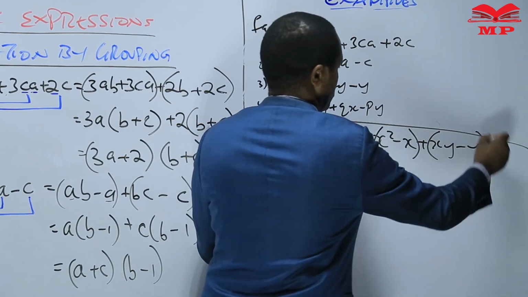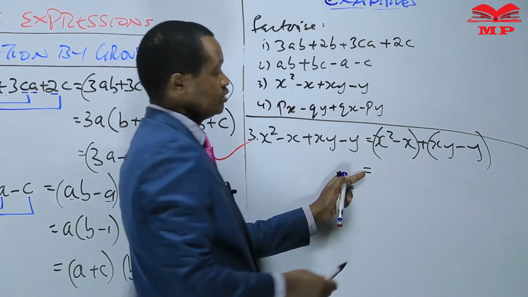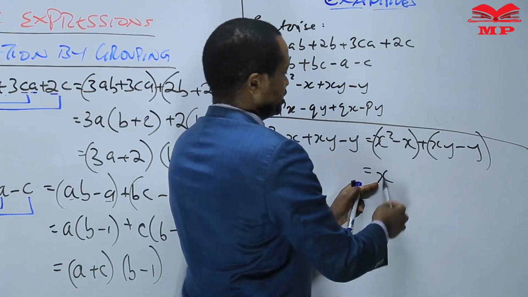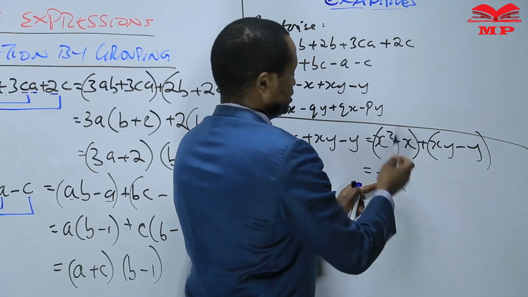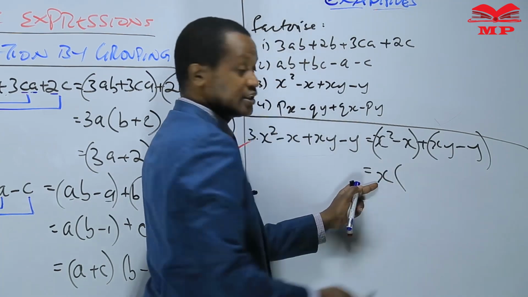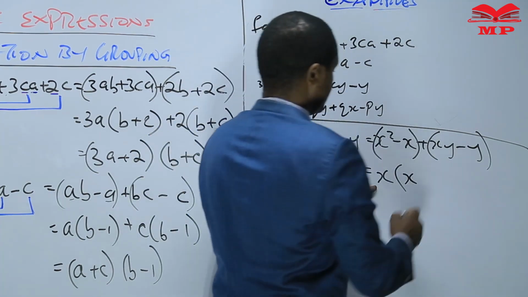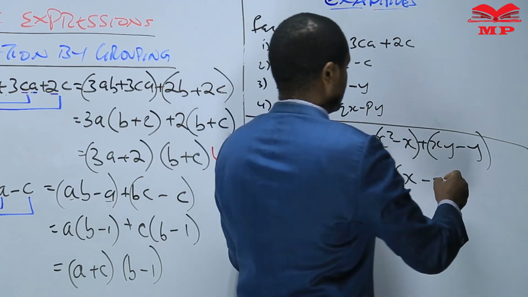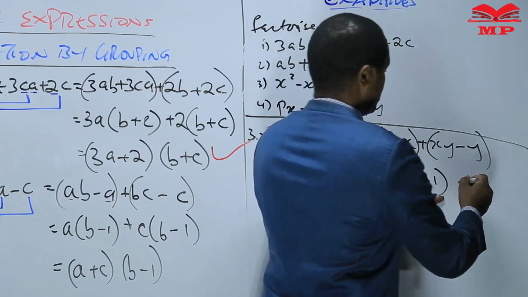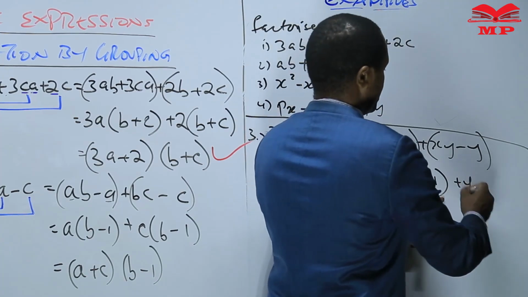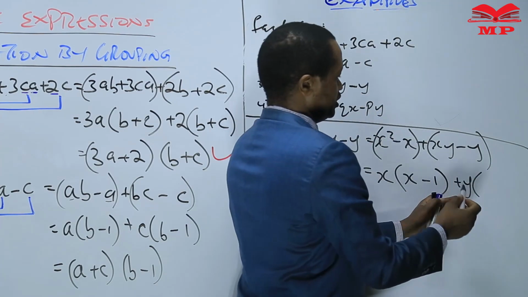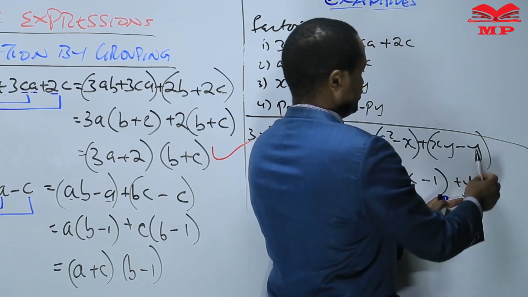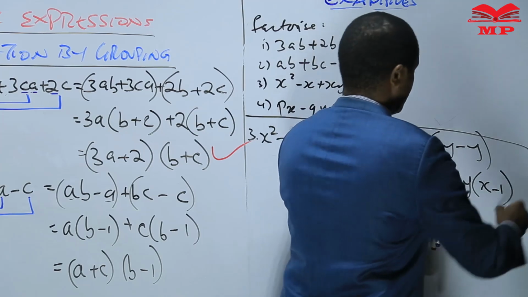x is common here, we take it out. x squared divided by x will give us x, minus x divided by x is equal to 1. y is common here, plus y into xy divided by y is equal to x, minus y divided by y is minus 1.